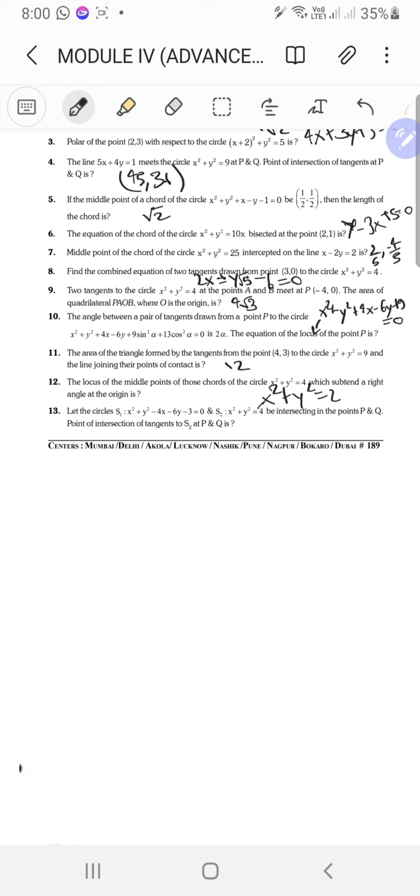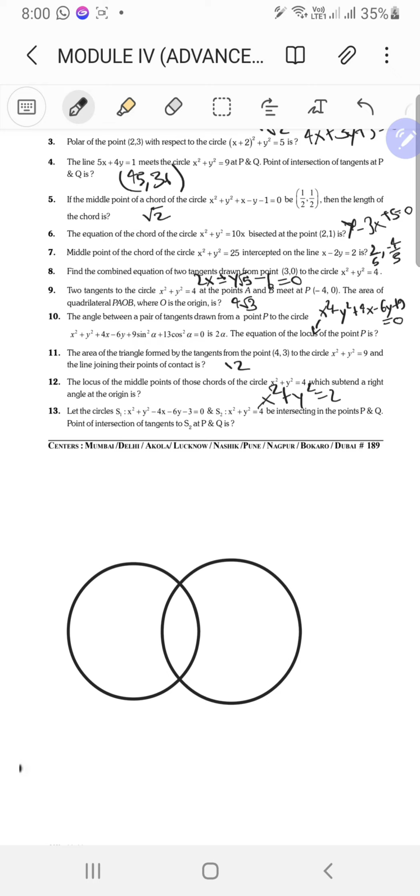Tangents. Okay, at least we know what the chord of contact is in that case. This is S1, this is S2, and they are intersecting at P and Q. We know the equation of this line PQ, don't we? It's just the radical axis.